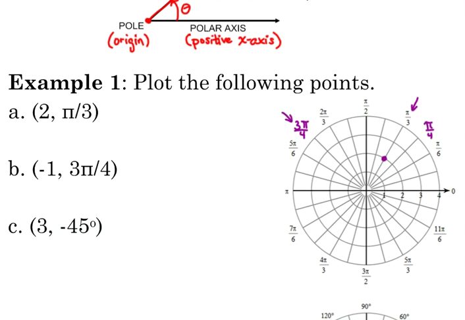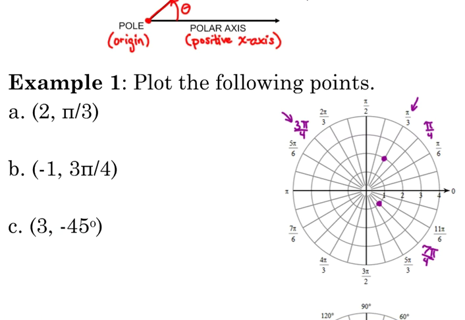Okay, but here's what you do when the radius is negative. You are going to go through the pole. You're going to stay on that line, but you're going to go through the pole to the other side. So that point, (-1, 3 pi over 4), actually graphs on the segment that represents 7 pi over 4.